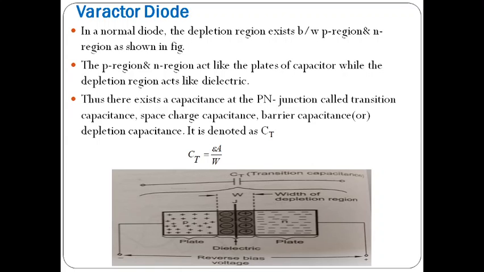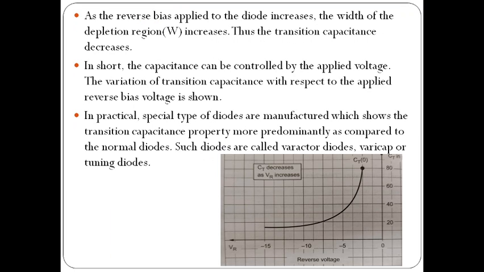Here, the P region and N region act like the plates of the capacitor, while the depletion region acts as the dielectric material. So when the diode is in reverse bias, the depletion region is formed.